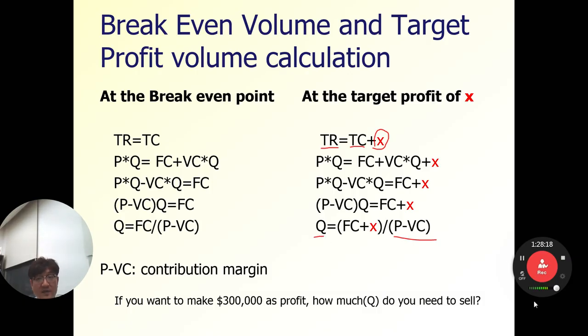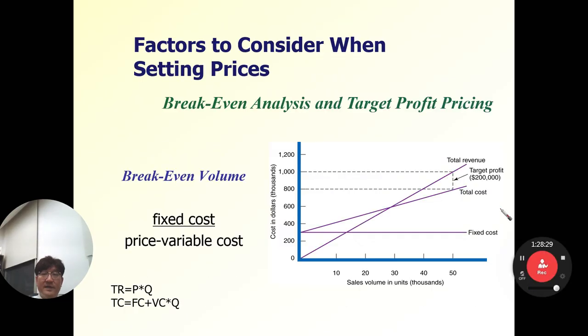Do you want to do that with the previous example? Let's go back. Here, if I ask how many units you need to sell if you want to make 200,000 as a target profit, what is the fixed cost? Again, let's forget about this 1,000.